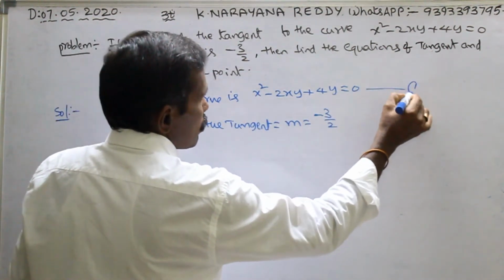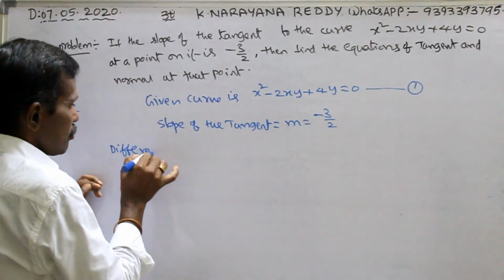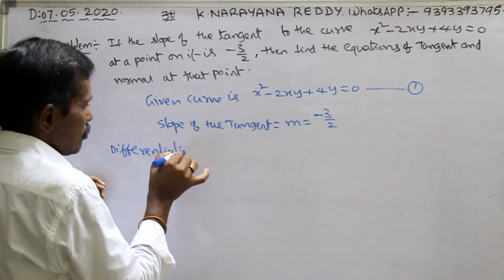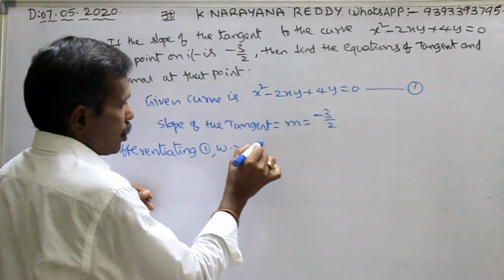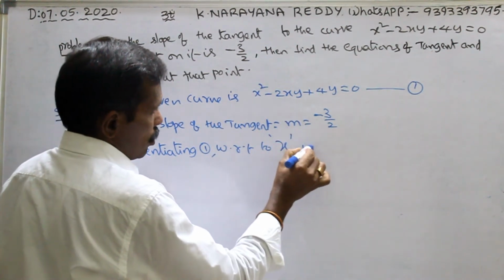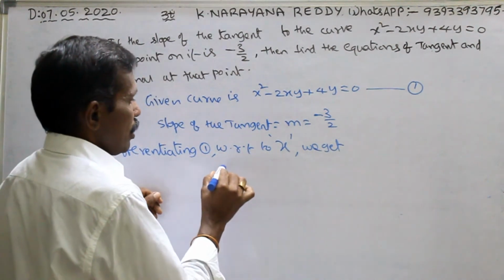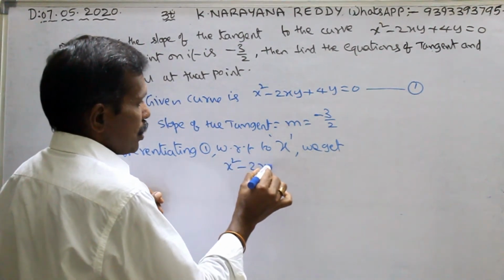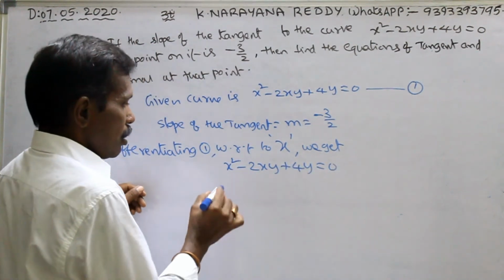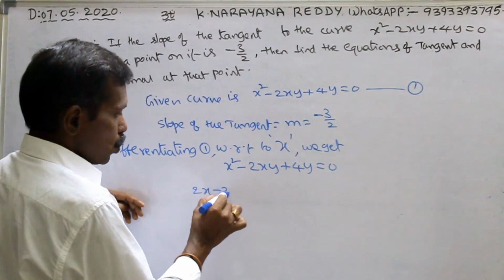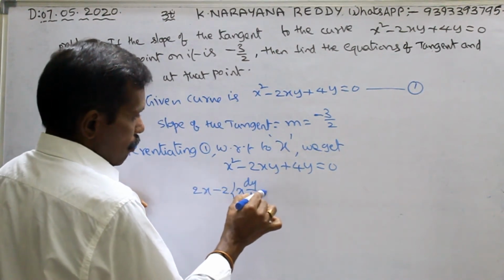This is number 1. Differentiating 1 with respect to x, we get, for x squared minus 2xy plus 4y equals 0: 2x minus 2 into (x dy/dx plus y).